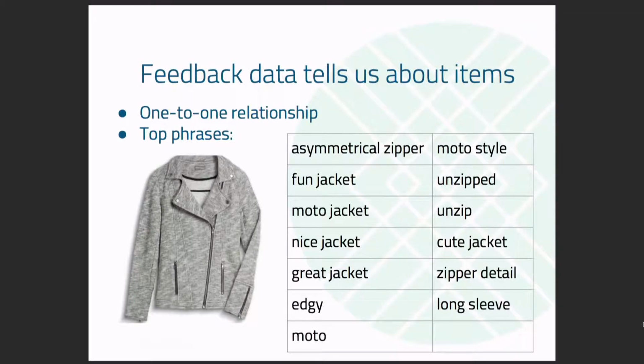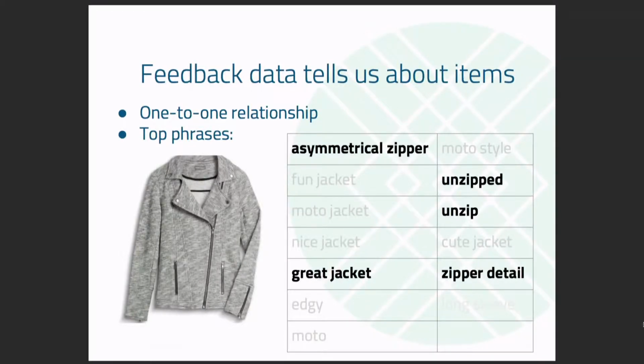But as you might imagine, not all of these terms are going to be things that people actually ask for. It turns out that if you try to figure out the terms in common between what clients request and what clients actually say when they buy an item, they're not going to talk about certain terms. So clients don't really ask for asymmetrical zippers. They don't ask for unzipped items.